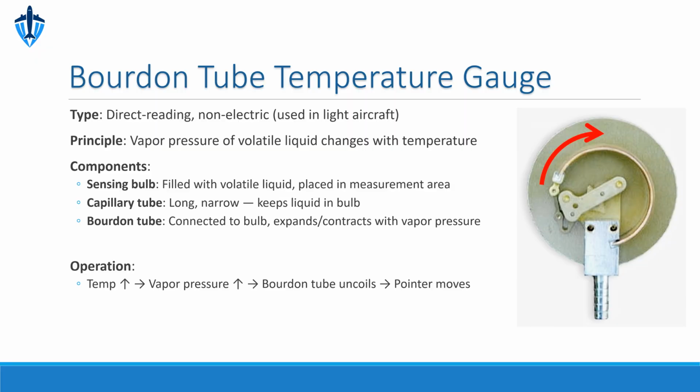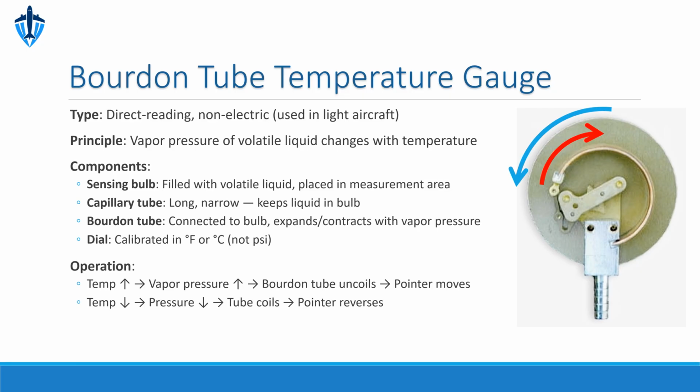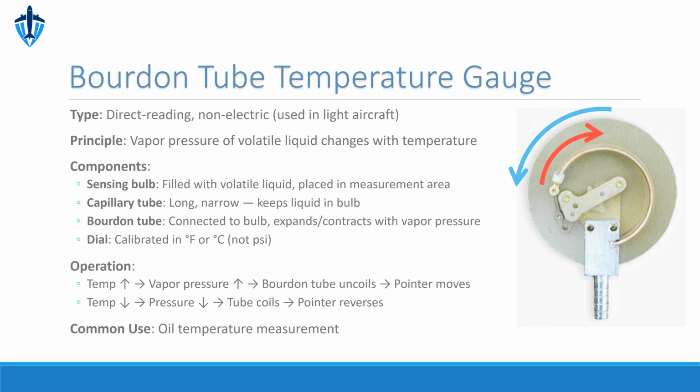This uncoils the Bourdon tube and moves the pointer across a dial, calibrated in degrees, not pressure. When temperature drops, pressure falls, the tube recoils, and the pointer moves back. This rugged mechanical system is commonly used to monitor oil temperature, delivering reliable readings without electrical power.